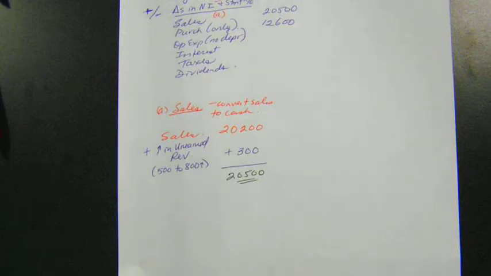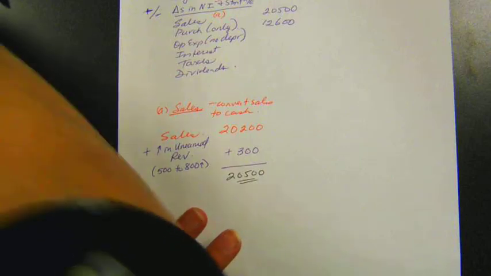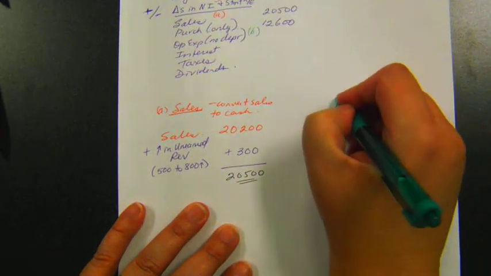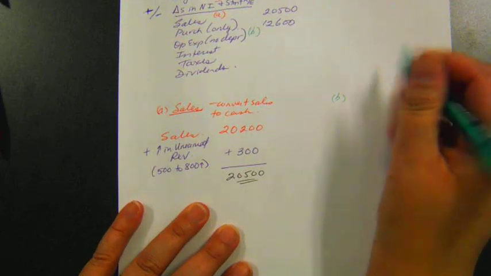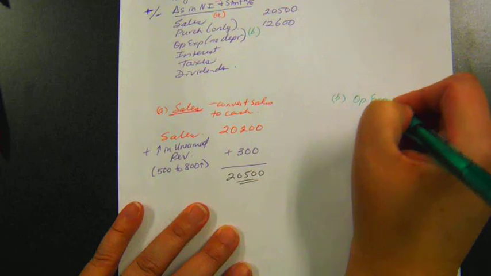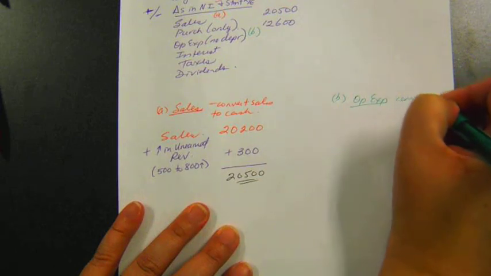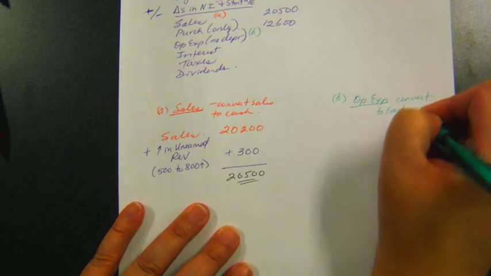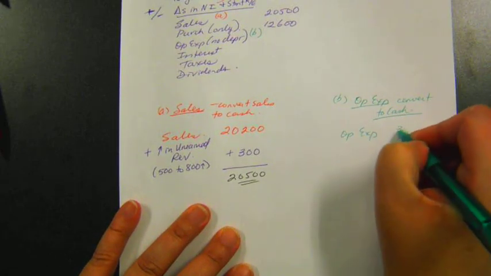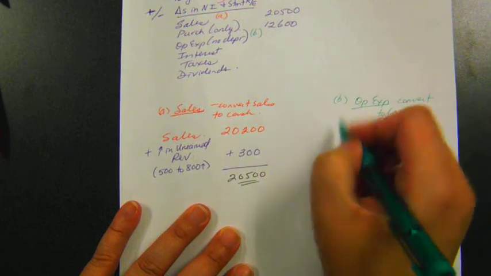Okay? So this is going to be letter B. Operating expenses, convert to cash. So we start with operating expenses. We said it was $3,400, no depreciation.